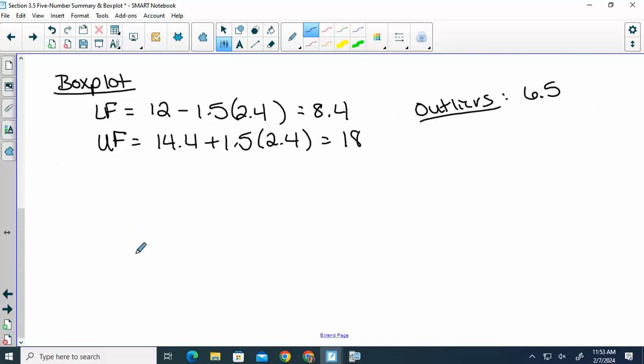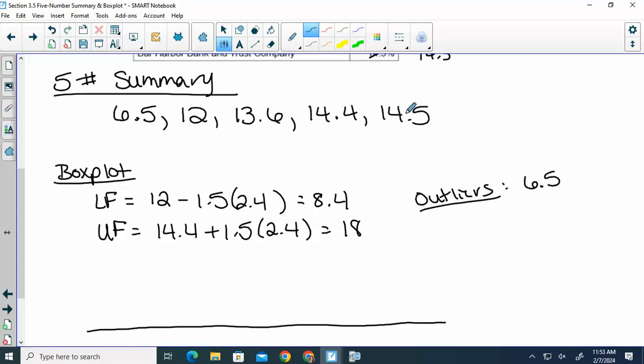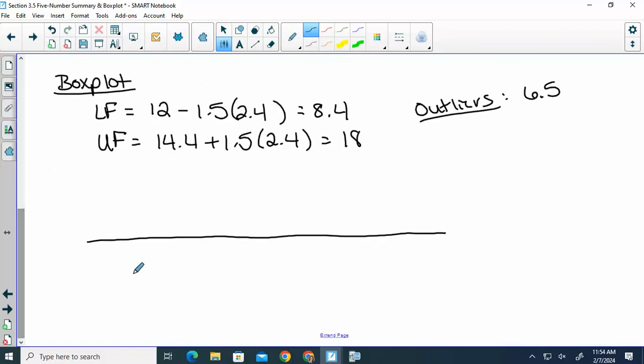Then if we want to draw our box plot, you have to put a scale underneath. You can't just have a random box floating out in the middle of nowhere. We need to know what our numbers represent. Looking at your 5-number summary, our smallest was 6.5, our biggest was 14.5, so we can make our scale appropriately. You don't necessarily have to start at 0, so maybe I'm going to start at 6, or at 5.